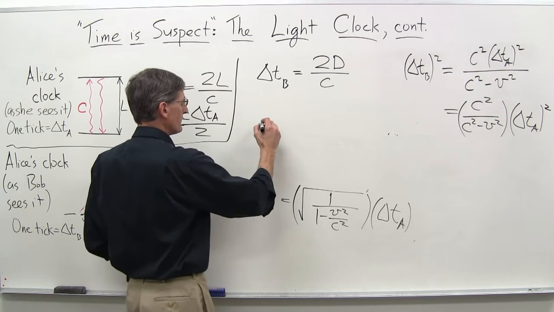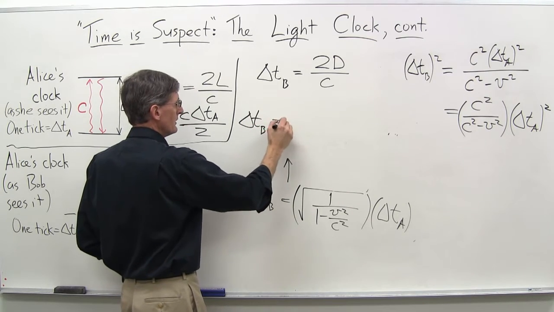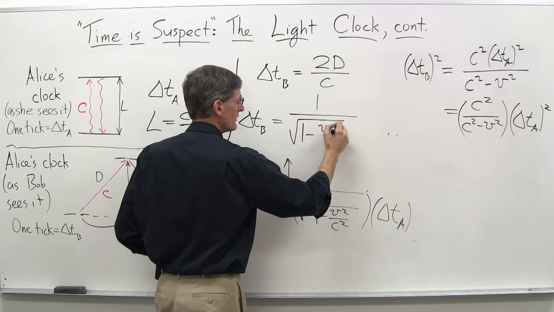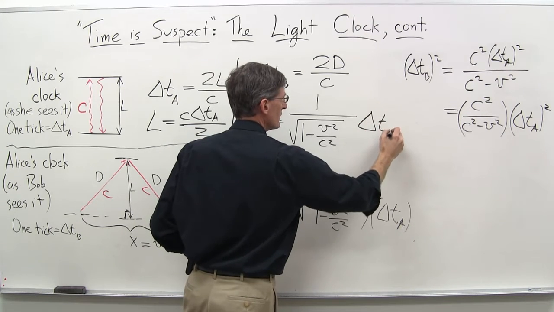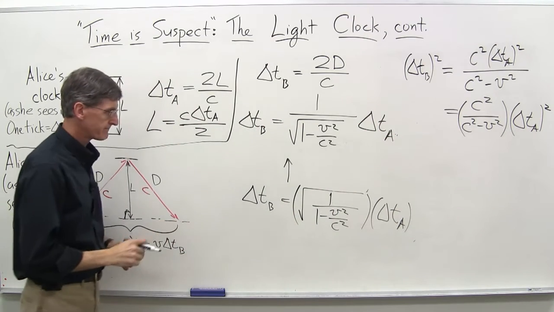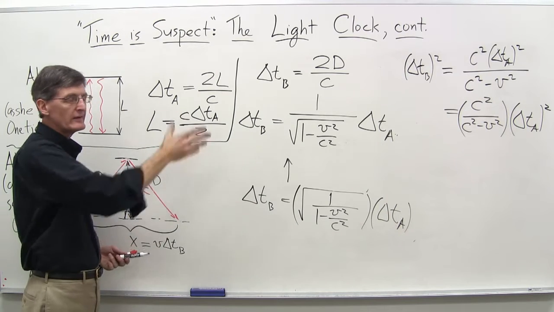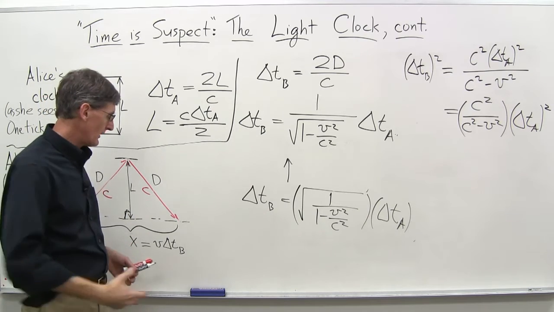So we can rewrite this as delta TB equals 1 over the square root of 1 minus v squared over c squared times delta TA. And that is our final result for our quantitative analysis of the light clock. It's going to be a very important result as well.